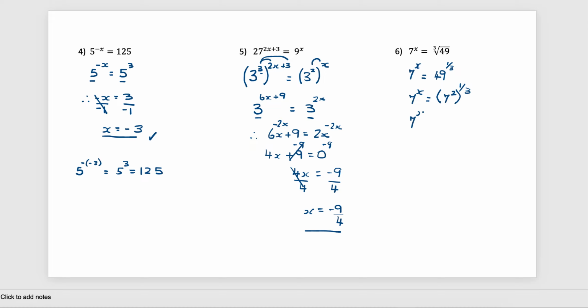Keep going with 7 to the power of x equals, we expand here, power to a power, so we remove the brackets. 2 times 1/3 is equal to 2/3. Now that the bases are the same, we can say that x is equal to 2/3. And that's your answer.